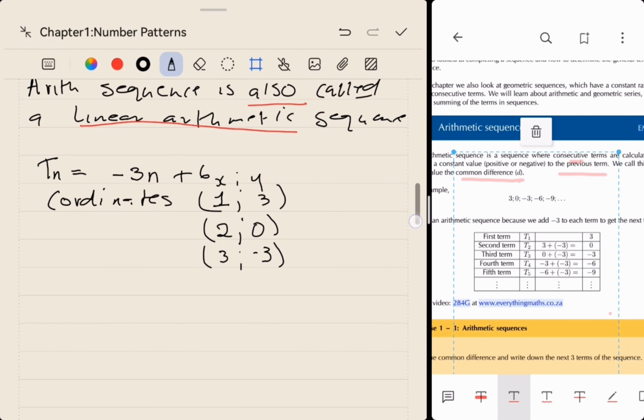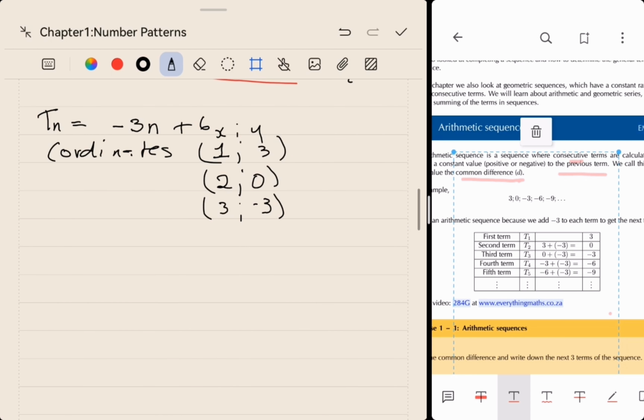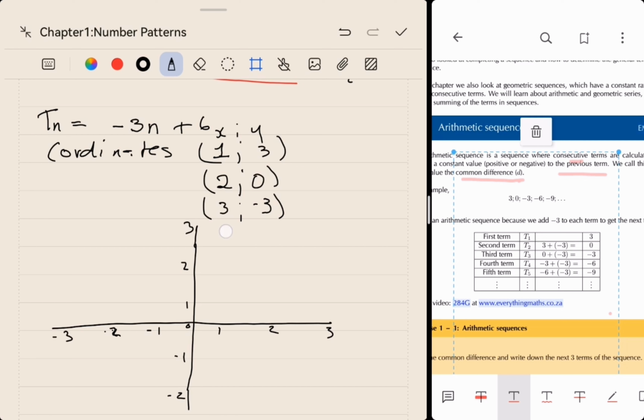Which means you can plot this on your axis. So for the point at 1 and 3, you have a point there. Positive 2 and 0, you have a point. You have a point there, exactly on the line.